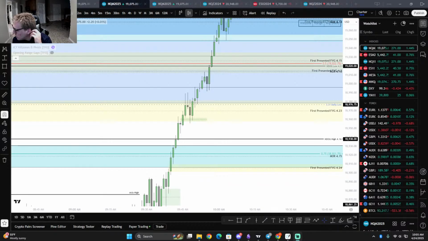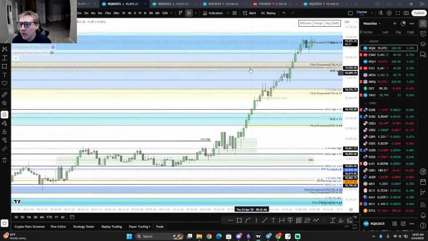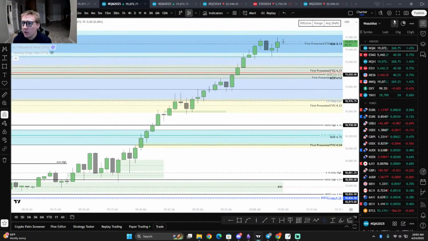Why do I trade futures? Because it's better than trading options. SPX 500. If you're using the SPX, you're not able to see the overnight trading.